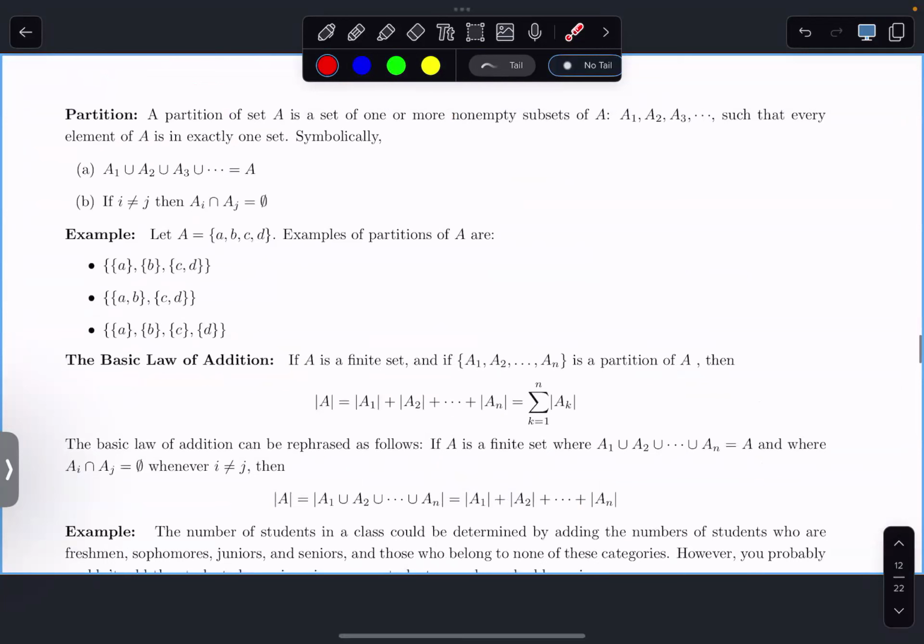Partitioning a set. So a partition of a set is a set of one or more non-empty sets of A. So A1, A2, A3, all the way up to something, probably N, such that every element of A is in exactly one set. Okay? And so I use partitioning all the time when I'm counting, right?